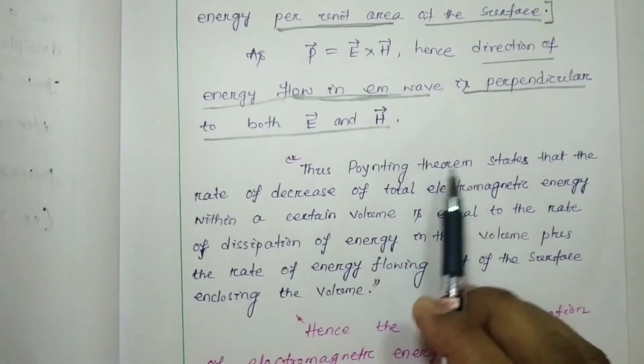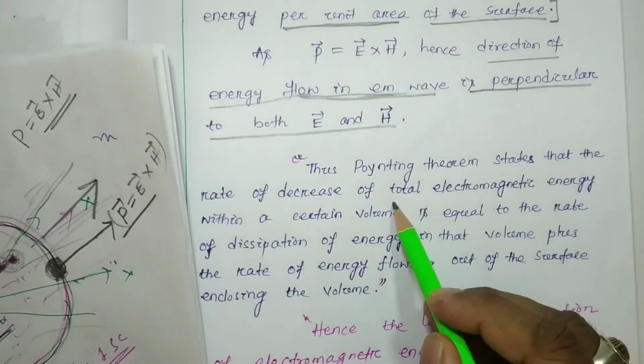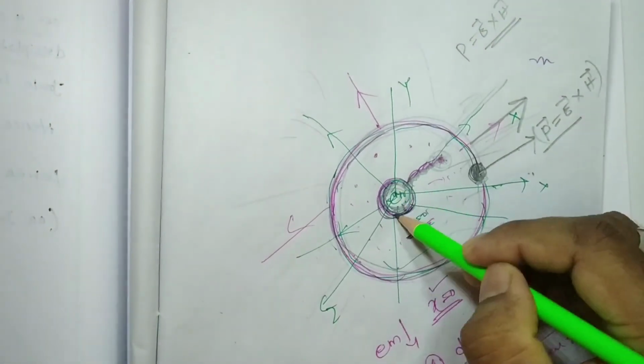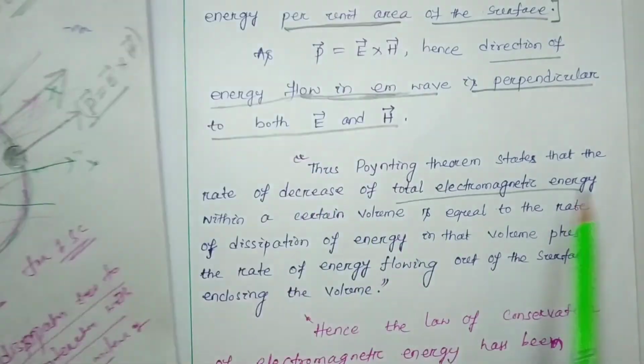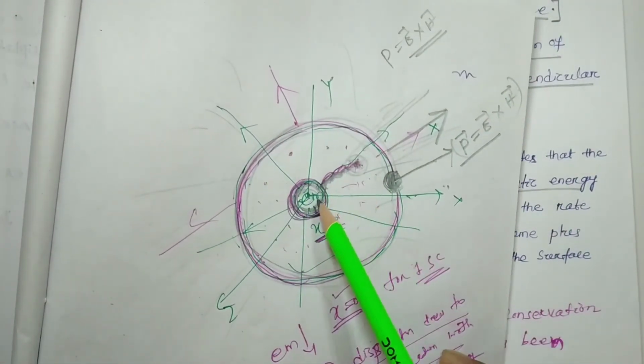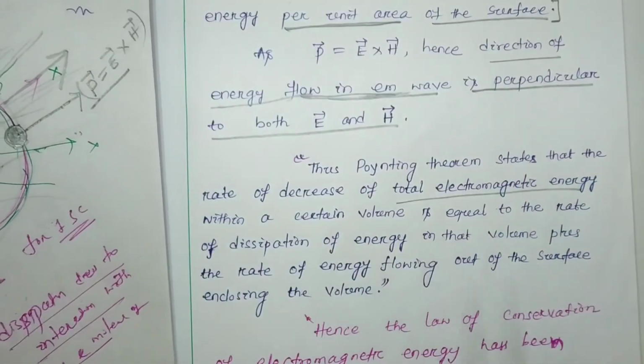So the Poynting theorem states that the rate of decrease of total electromagnetic energy within a certain volume is utilized in two ways.